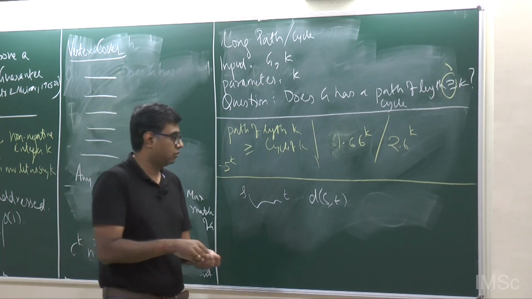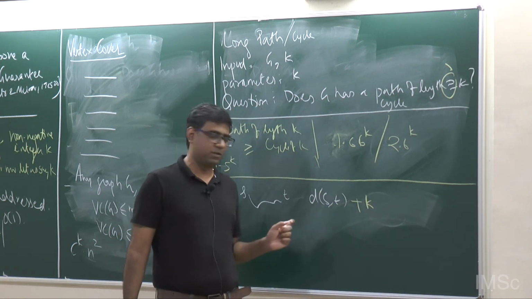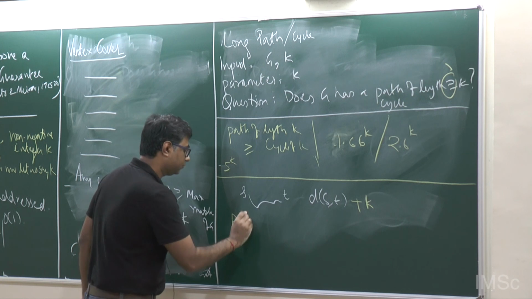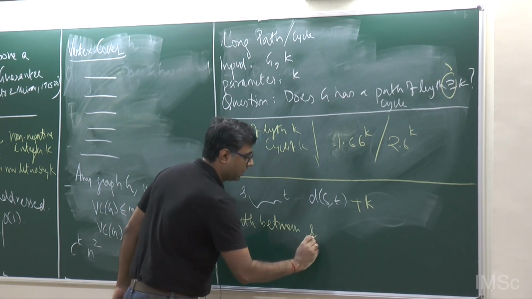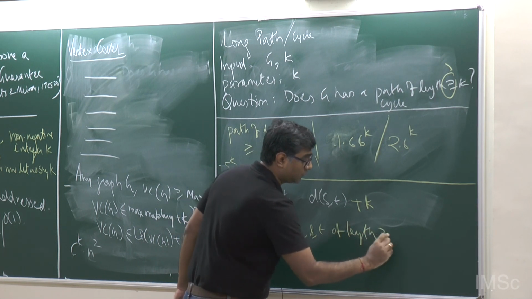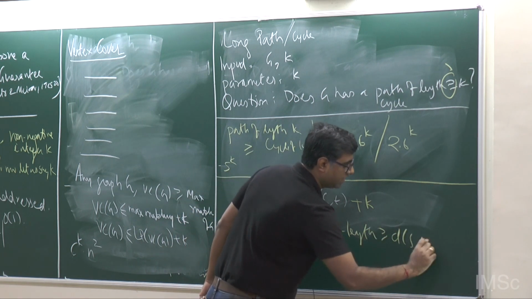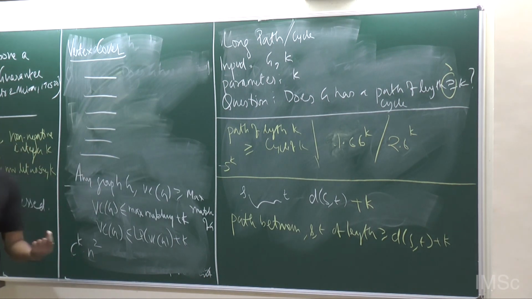So the natural question could be, is there a path between s and t of length at least d(s,t) plus k, shortest path plus k.